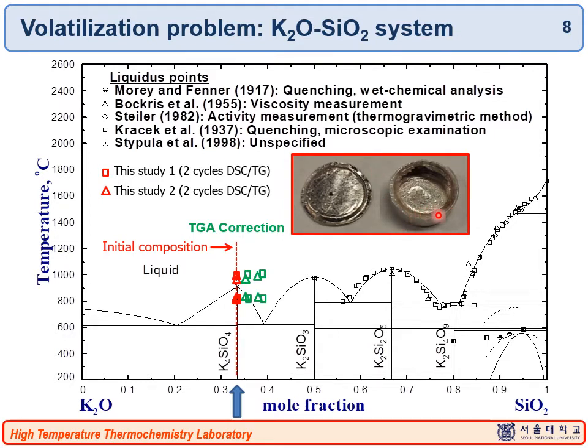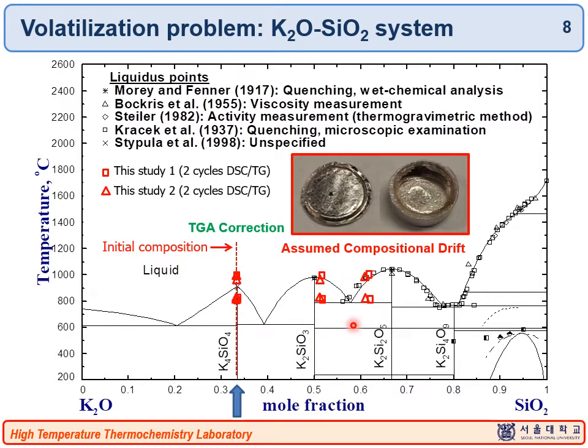So this part should be the main source of the DSC peak in this case. Then we might have to consider that the composition of the material can be further changed. So for example, in this case, we can think that the composition even drifted toward the more SiO2-rich region.